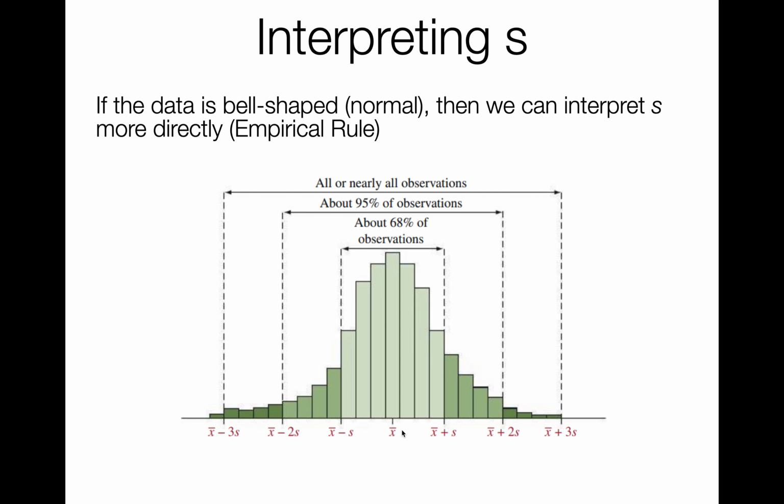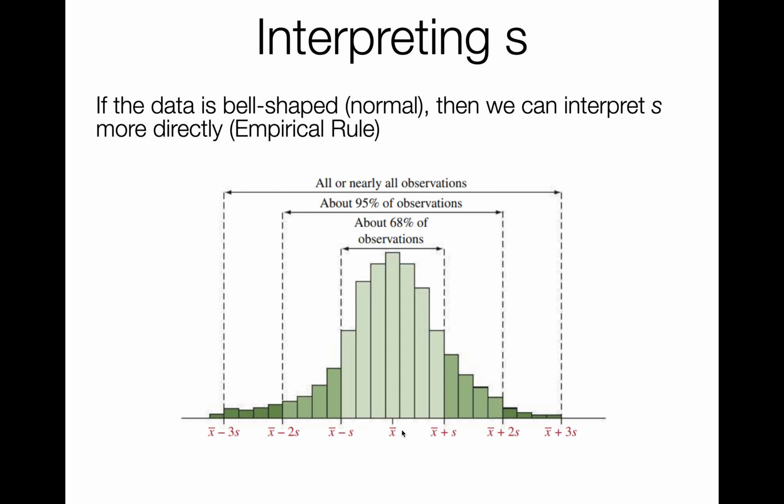If the data is bell-shaped, it's also symmetric. We talked about symmetric before. And it turns out when the data is symmetric, the mean and the median are the same thing. So it doesn't really matter what we use there. And like I said before, it's probably better to use the mean for various reasons.